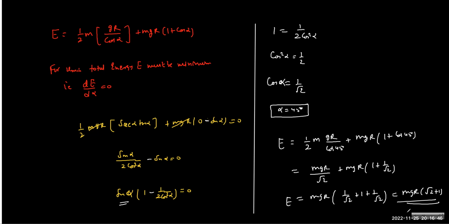So this is the total energy. And we know at the bottom most point the total energy is half mu square. It is 2GR. I can simply say that's it. This is the answer. That's it.